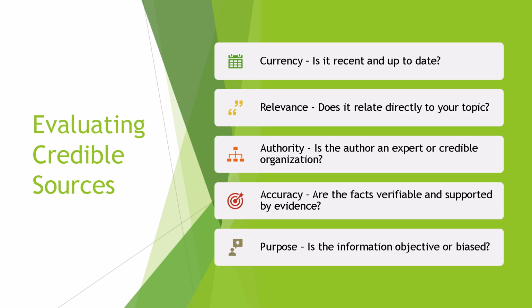Are the facts accurate and verifiable through other sources? And then finally, what is the purpose? Is it to inform, persuade, entertain, or sell? If a source is trying to sell or emotionally manipulate, it might not be trustworthy. Reliable sources are going to strengthen your argument. Weak ones are going to damage it.